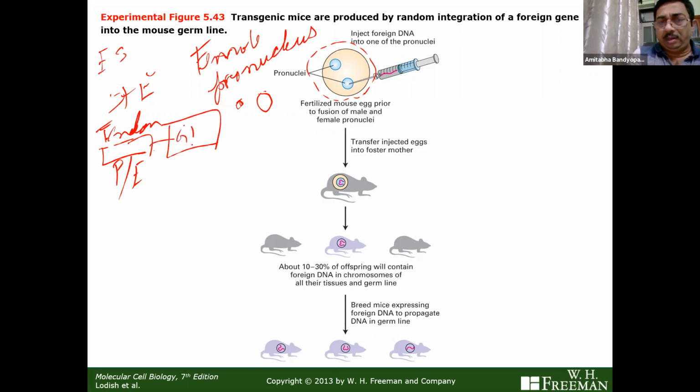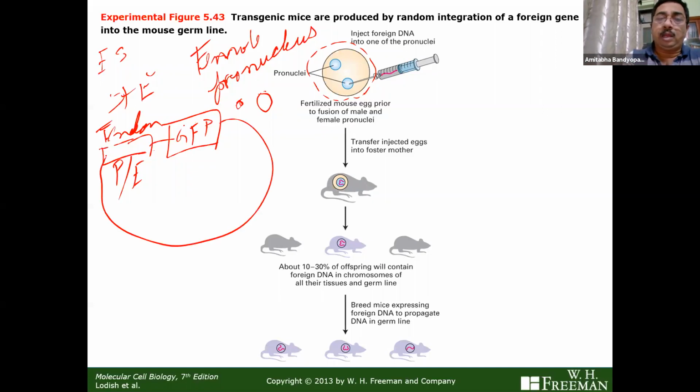Then you put GFP with it and make a DNA construct. Of course, you do it in a DNA construct. You originally have a plasmid, then you cut the plasmid to get a linear DNA and inject it in the pronucleus.